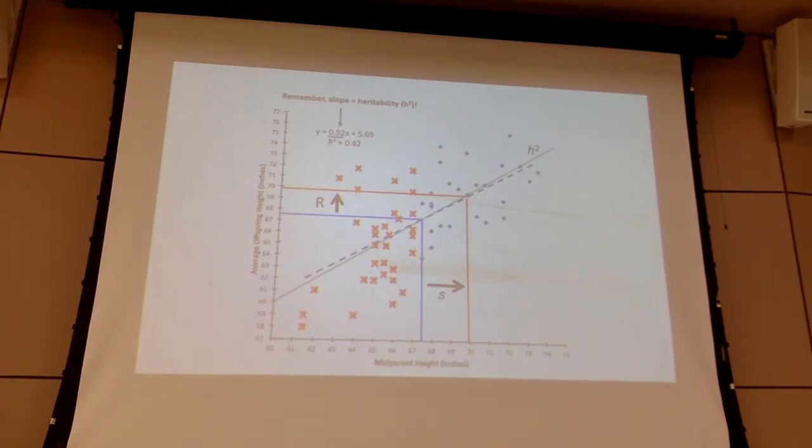And our force of selection is reported in the units in which it exists, 2.41 inches. What's the response to my selection? What should the response be? Calculate it right now. What response do we expect?